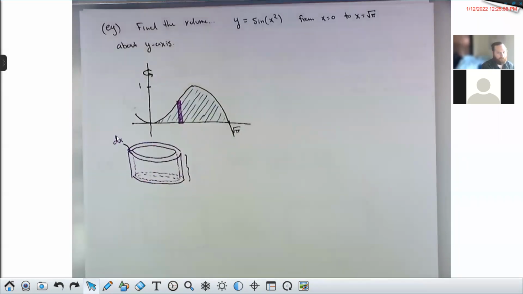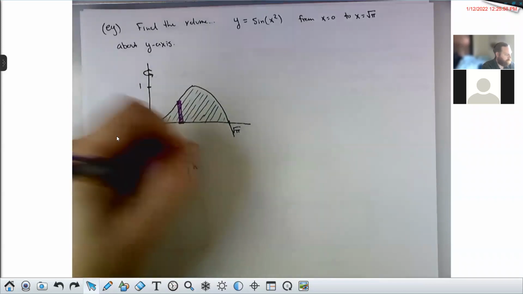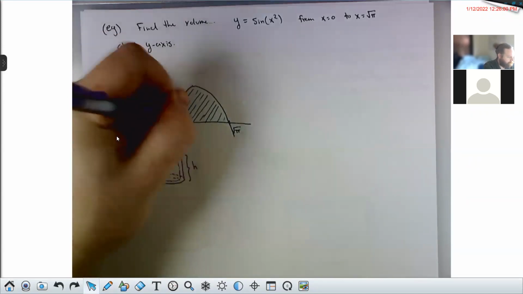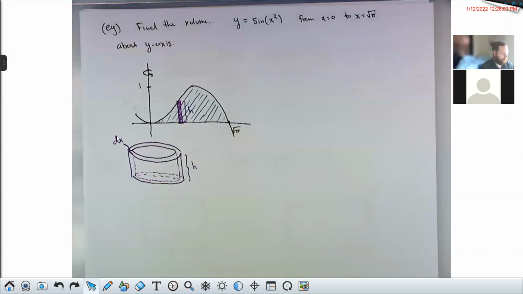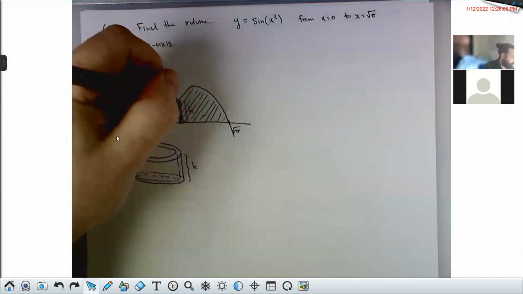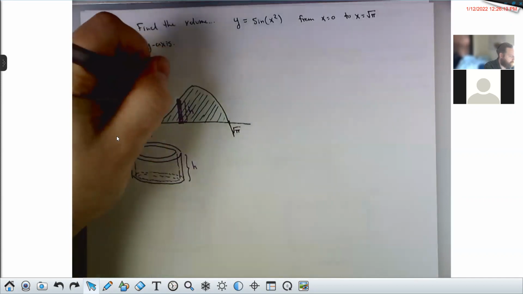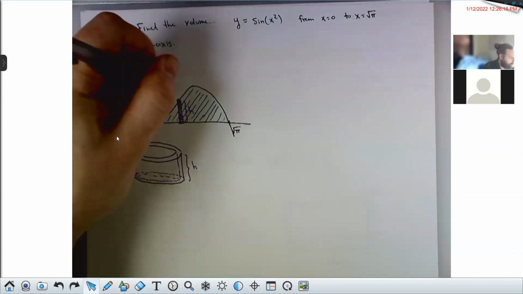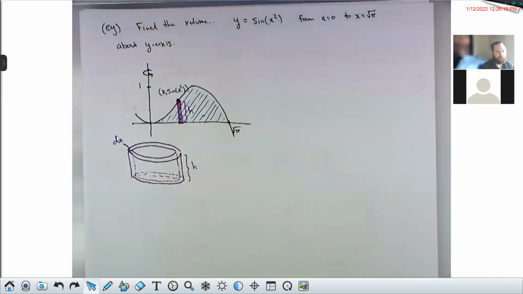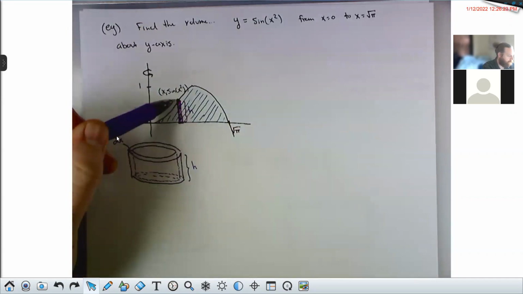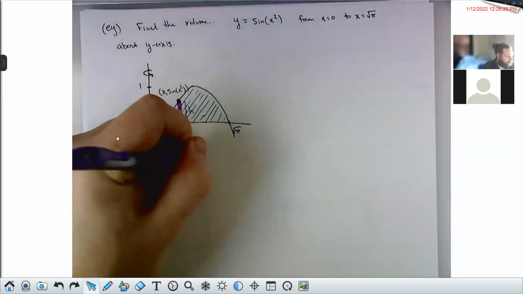The height here is the height of that strip, which we get by thinking about the point up here. And we're along the curve y equals sine of x squared. So this point is x comma sine of x squared. So that height is the y value here minus the y value here. That's the sine of x squared.